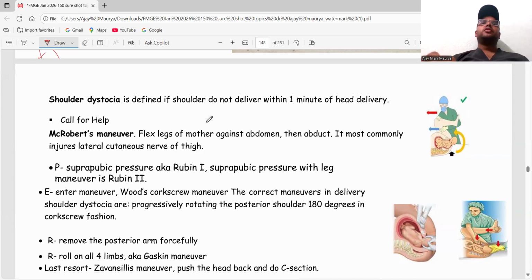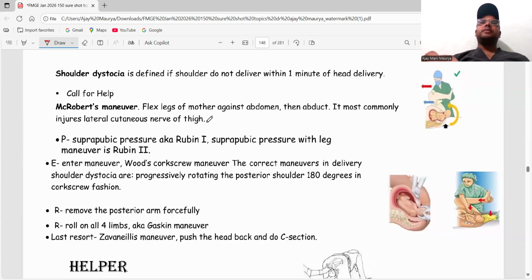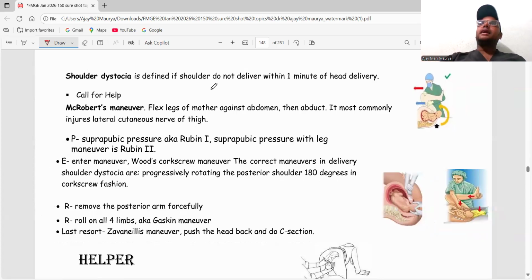So what happens if the head has come already, but the shoulder is not coming within 1 minute? Then you have to do these maneuvers. The first thing is to call for help.